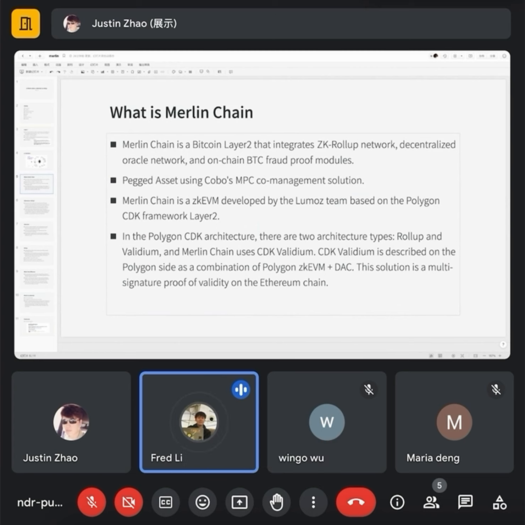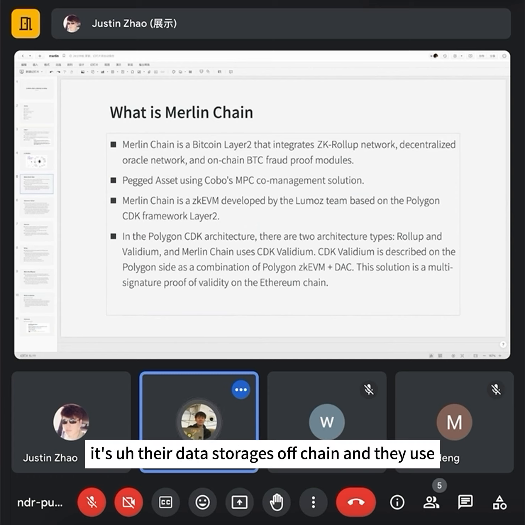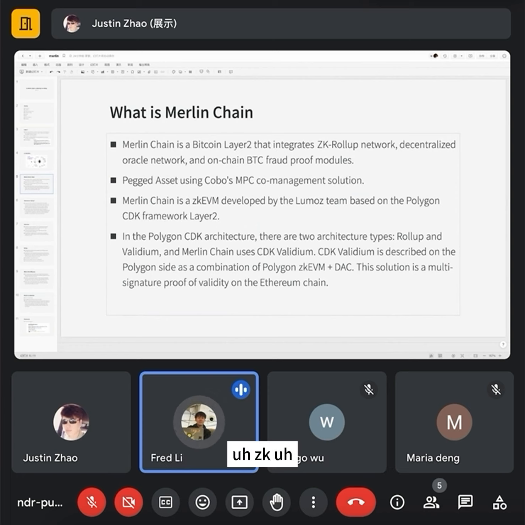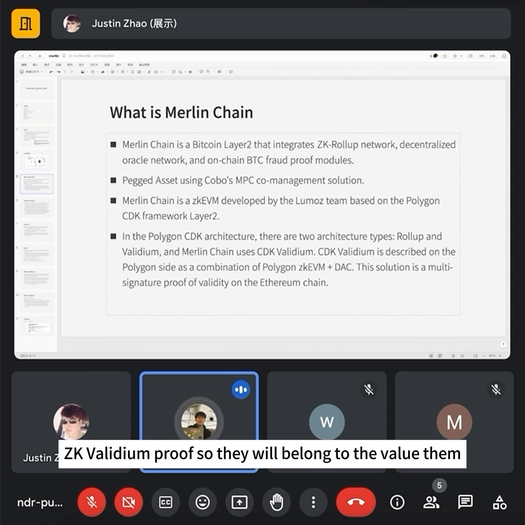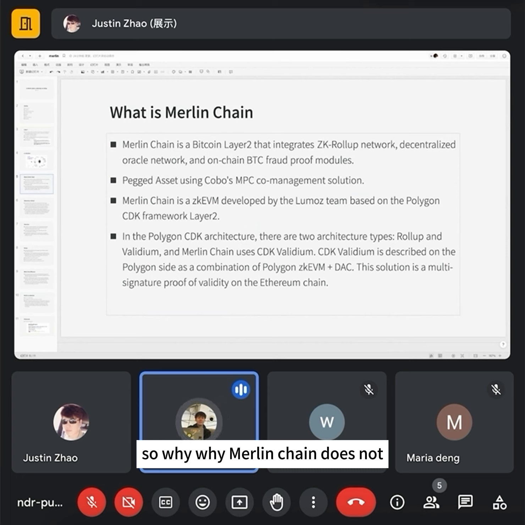Because I know that if a layer two has its data storage off chain and uses ZK validity proof, it will belong to Validium. So why doesn't Merlin chain just belong to this?